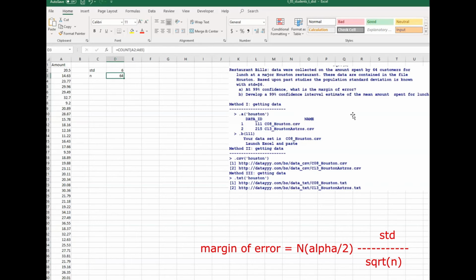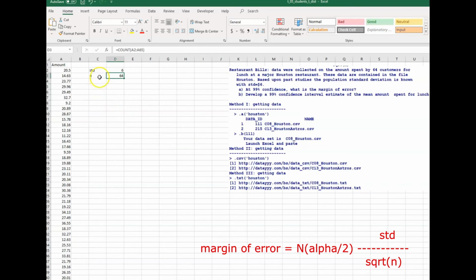These data are contained in the file Houston. Based upon a past study, the population standard deviation is known, with STD equals 6. At a 99% confidence level, what is the margin of error? Develop a 99% confidence interval estimate of the mean amount spent for lunch.